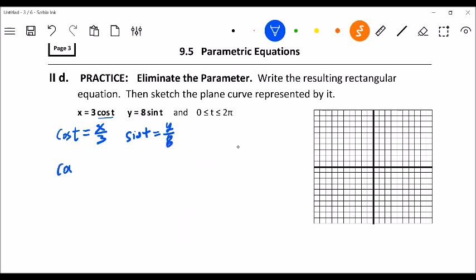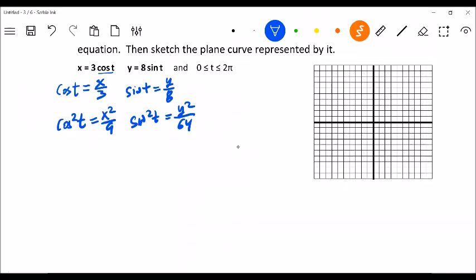Let's square them. Cosine squared t is equal to x squared over 9. Sine squared t is equal to y squared over 64. Now I'm going to use the Pythagorean identity.